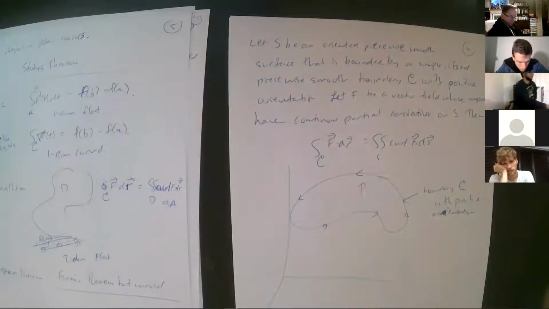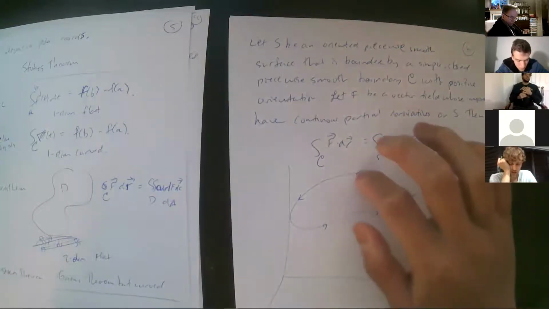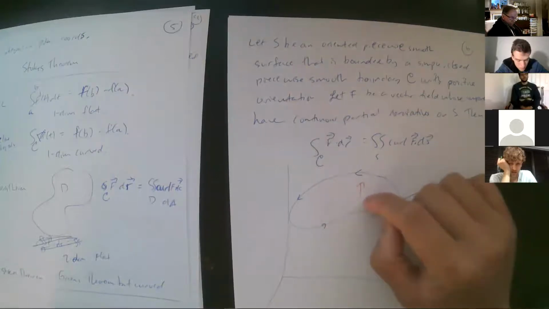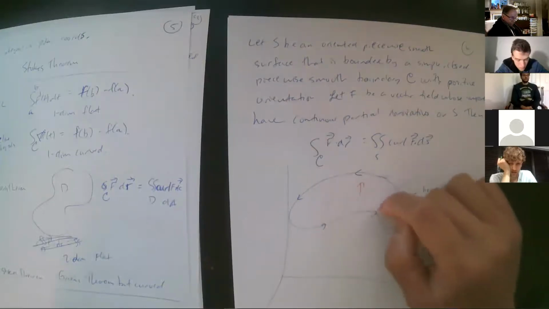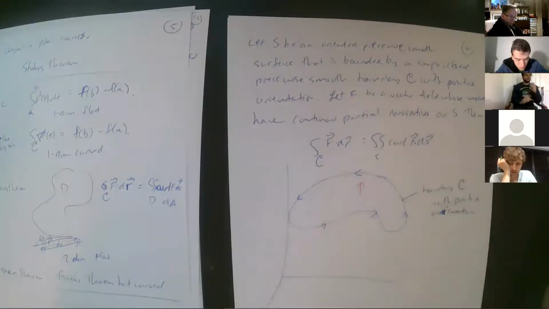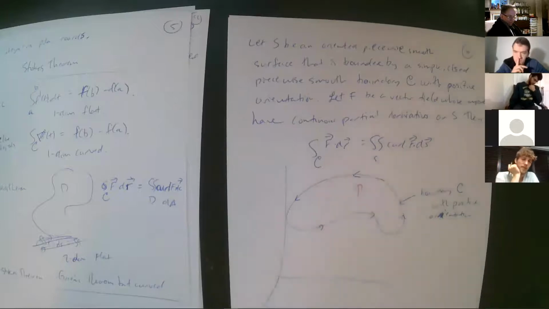Does that make sense? One more time. I can compute the integral of the vector field on the boundary by instead computing the curl of the vector field and computing its flux across S. That's Stokes' theorem. That's what Stokes' theorem says right here. They're saying this is an equality, believe it or not.